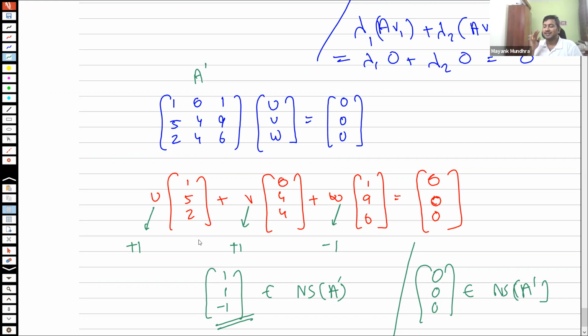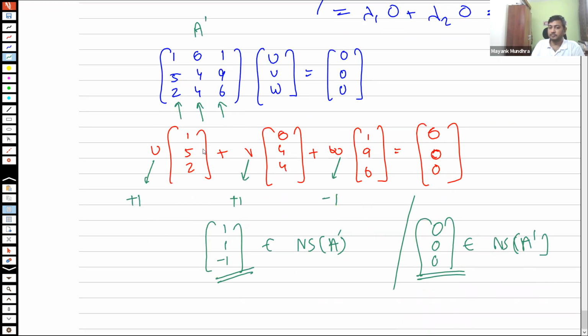The question is, when do we get solutions other than the trivial solution, the trivial solution being the 0 vector? So when does the null space have vectors other than the trivial solution? That happens when the column vectors are dependent on each other.